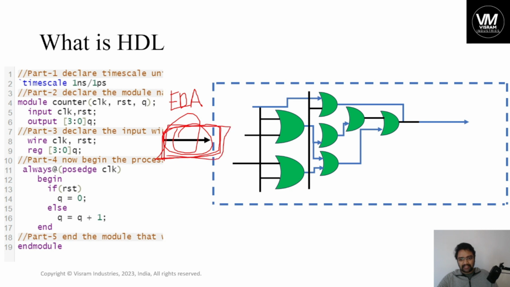We develop the HDL code on the EDA, and when we click on run, the EDA tool will extract this entire information and check for the functionalities.